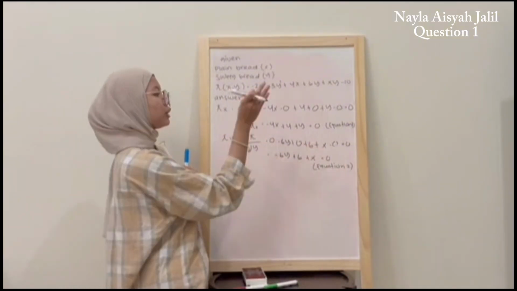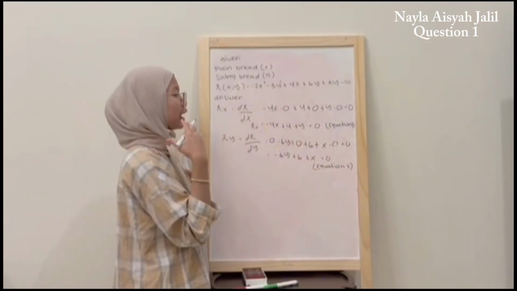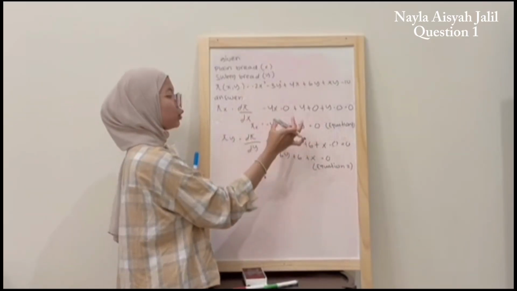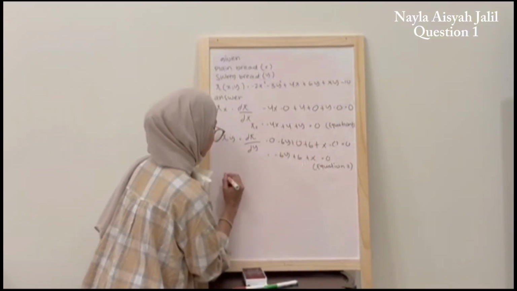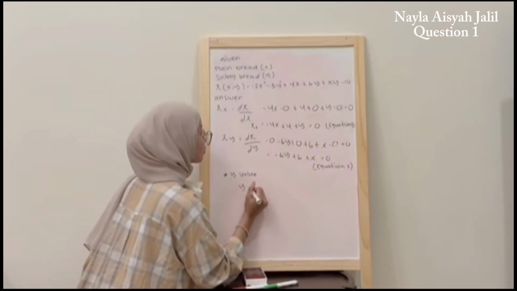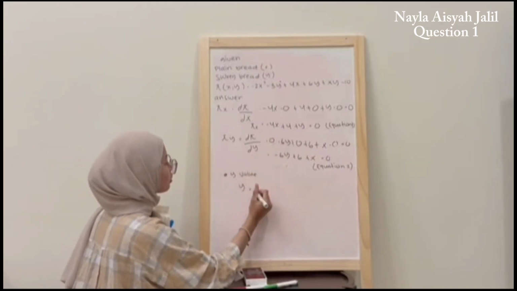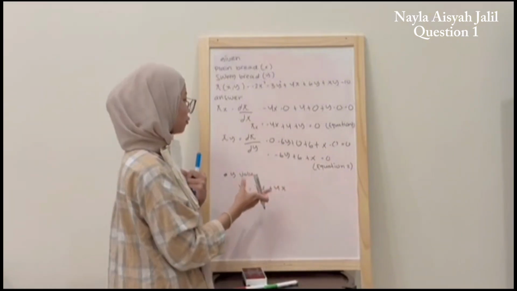So now we have equation 1 and then equation 2. So look at equation 1, we can express y. We can find the y value. So now we have the y value.